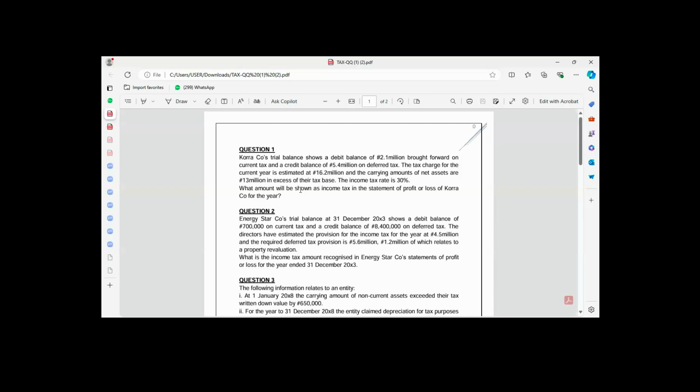I'll go and get my movement in deferred tax. Income tax for this year, 4.5, and we had 4.5 plus 700. Then the required provision for deferred tax is 5.6 at the end, out of which 1.2 relates to property revaluation.